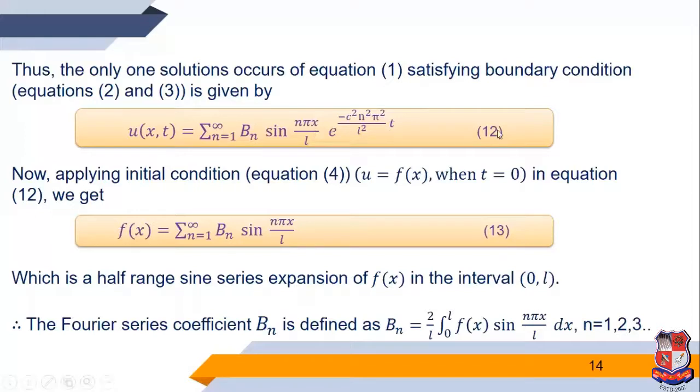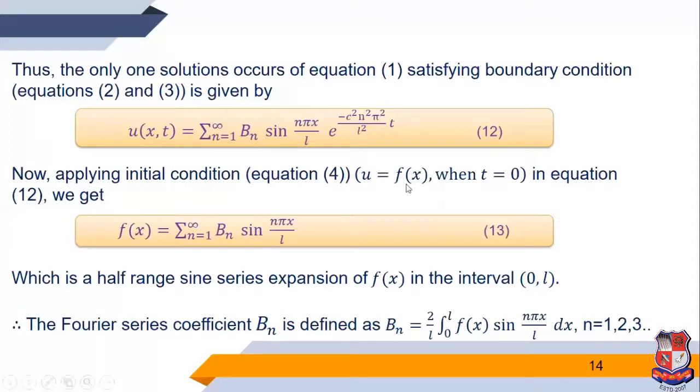This equation 12 is the solution of the one dimension heat equation, which defines the temperature u at any time t and space x. Now in equation 12, to find the value of Bn, we apply the initial condition.